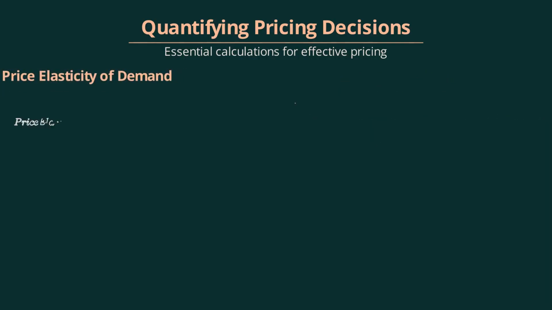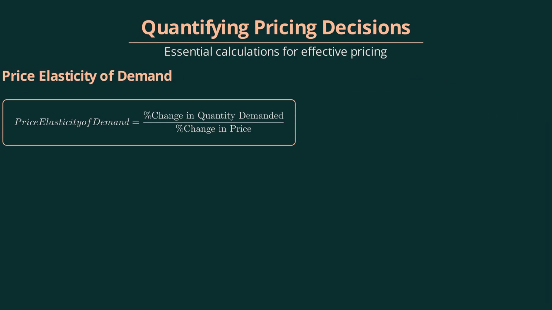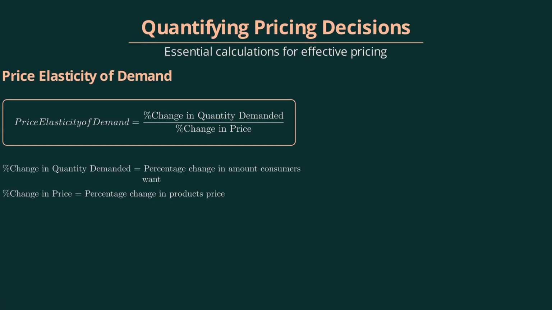Finally, we'll examine price elasticity of demand, which helps us understand how sensitive customer demand is to price changes. Price elasticity of demand is the percentage change in quantity demanded divided by the percentage change in price. The percentage change in quantity demanded shows how much the amount consumers want changes, and the percentage change in price is simply how much the product's price has shifted.